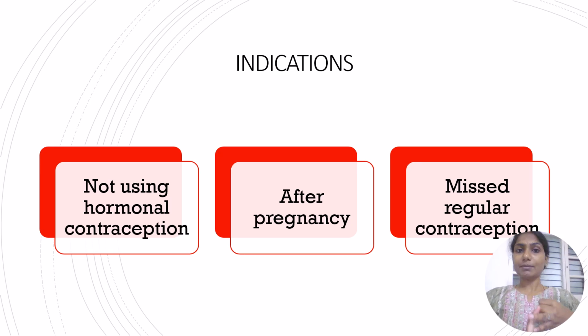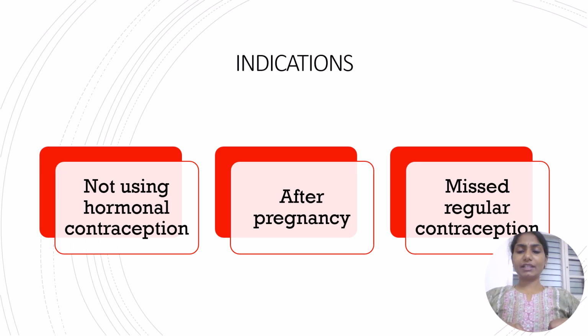The second thing is the mother has to be amenorrheic and it should be less than 6 months of her childbirth. So if these three criteria are met, then she need not take an emergency contraception. If not, definitely, if an unprotected sexual intercourse has occurred after 21 days of delivery or after 5 days of abortion, it is definitely indicated.